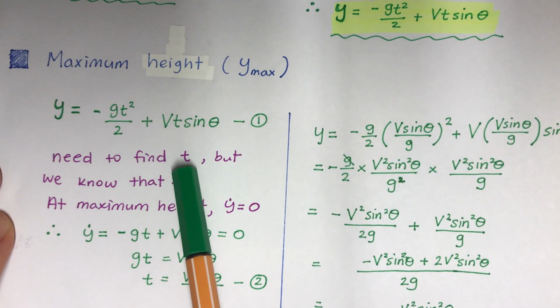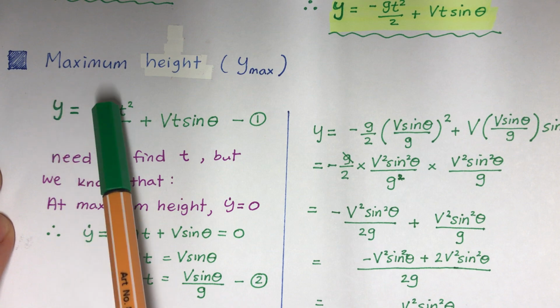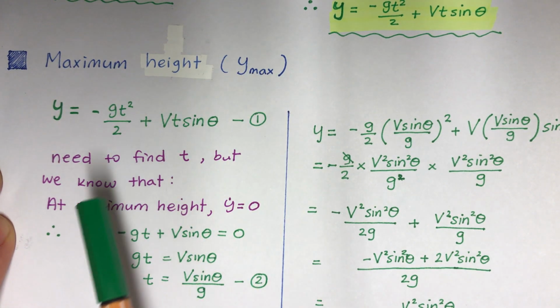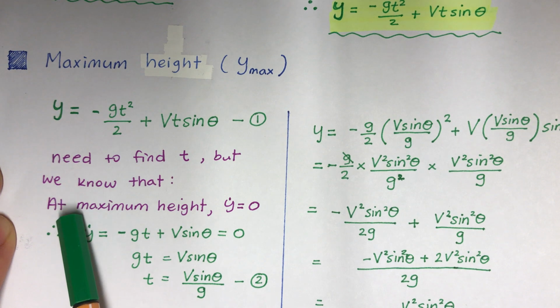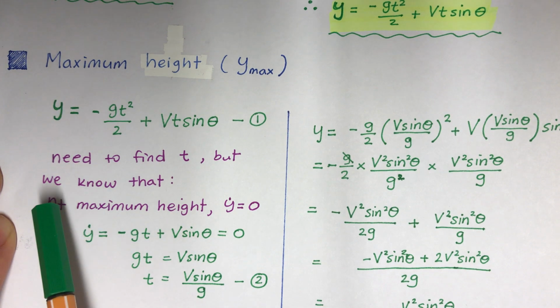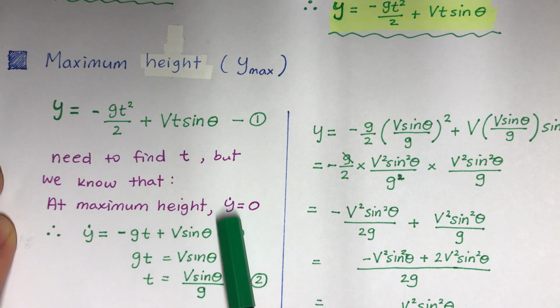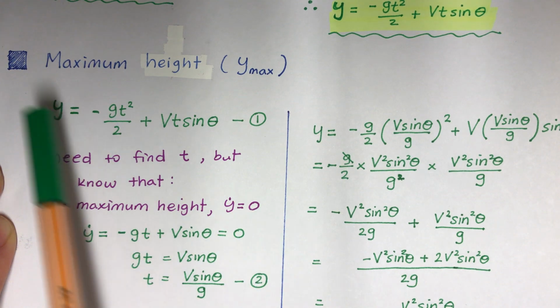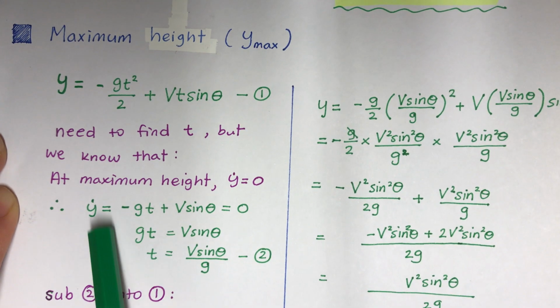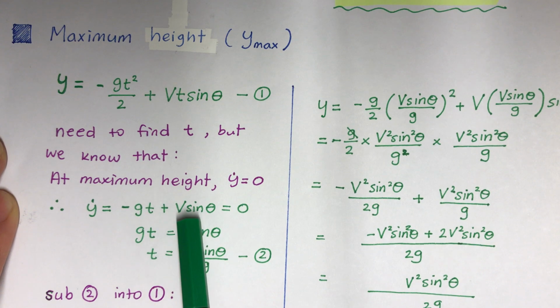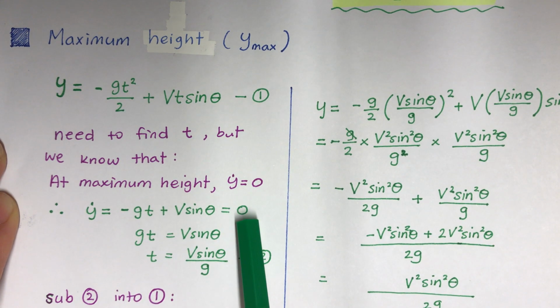And we need to find the t, because the g and the v and the sine theta are all constant, aren't they? And what do we know? We know that at maximum height, the vertical velocity equals 0. So vertical velocity was minus gt plus v sine theta. I'm going to make the whole thing equal 0.